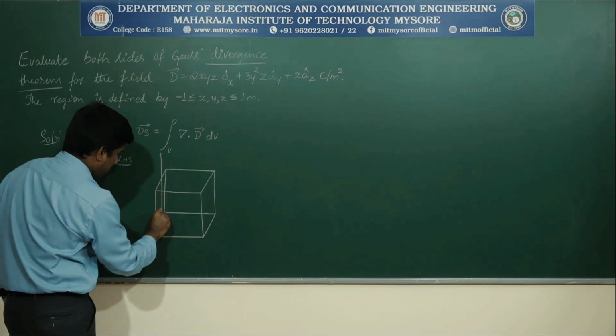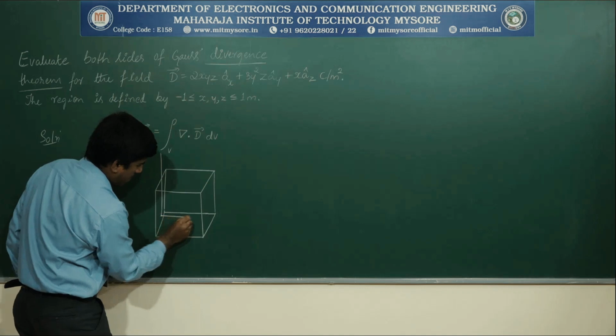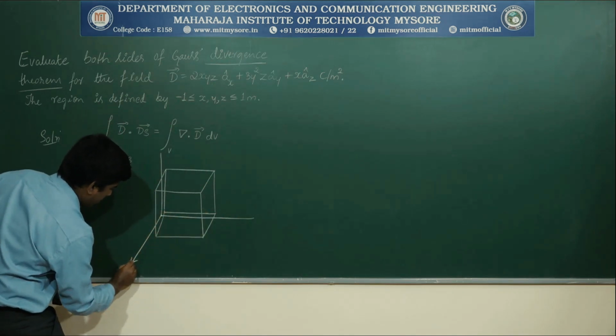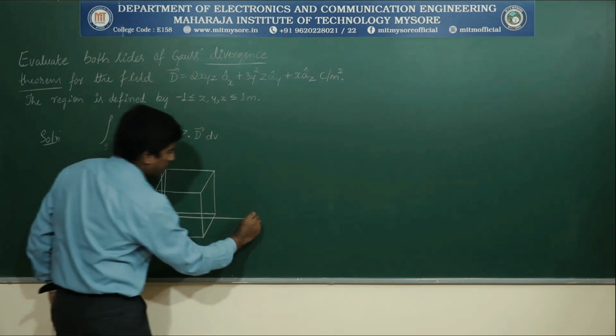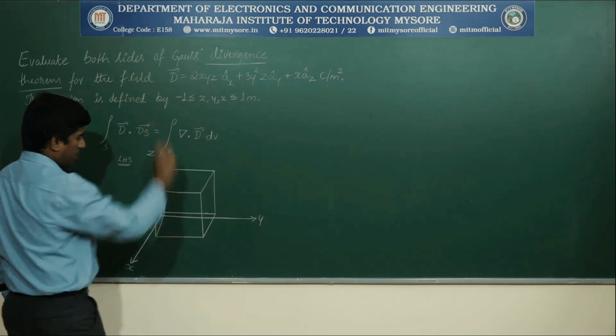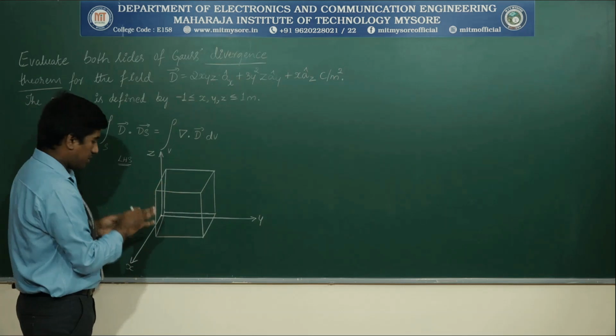This is the cube which we have considered. This is the x axis, this is the y axis, and this is the z axis. This is the cubical shape we have considered.